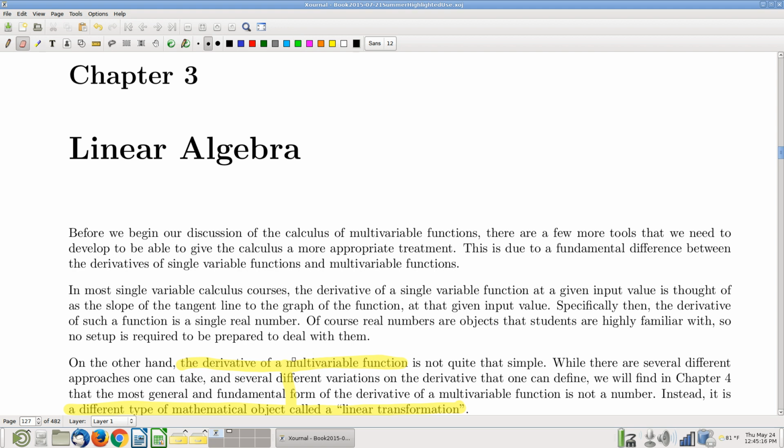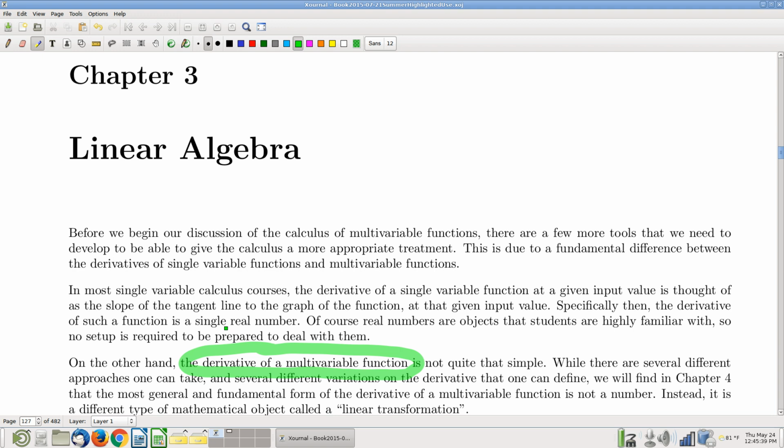Okay, so now this is, of course, fundamentally a multivariable calculus course. We're going to want to talk about derivatives of multivariable functions. Turns out there's lots of ways to talk about derivatives of multivariable functions. It's not like single variable calculus in that sense. In single variable calculus, there's the derivative.